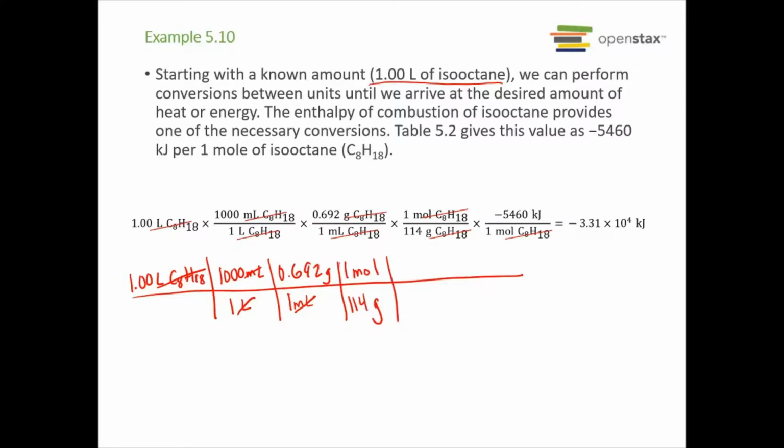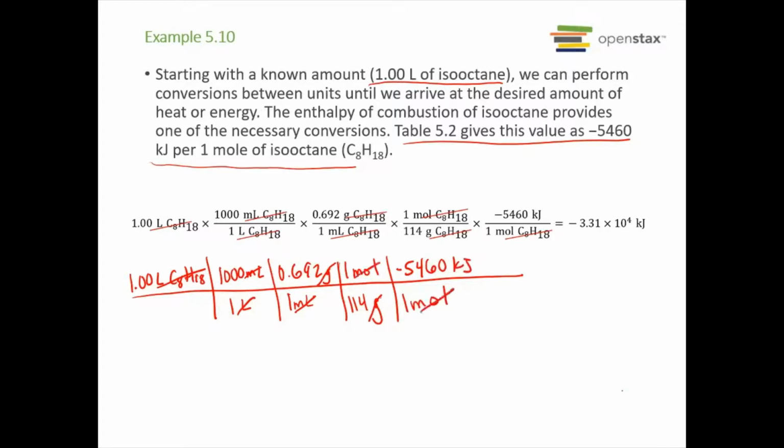And table 5.2 tells us, oops, I'm sorry, we're going to moles from grams. We already got grams from density. Sorry for the misspeak there. Table 5.2 tells us that isooctane gives us negative 5,460 kilojoules for every 1 mole of it. So we use the enthalpy of combustion as a conversion factor, and we know there's negative 5,460 kilojoules for every 1 mole.